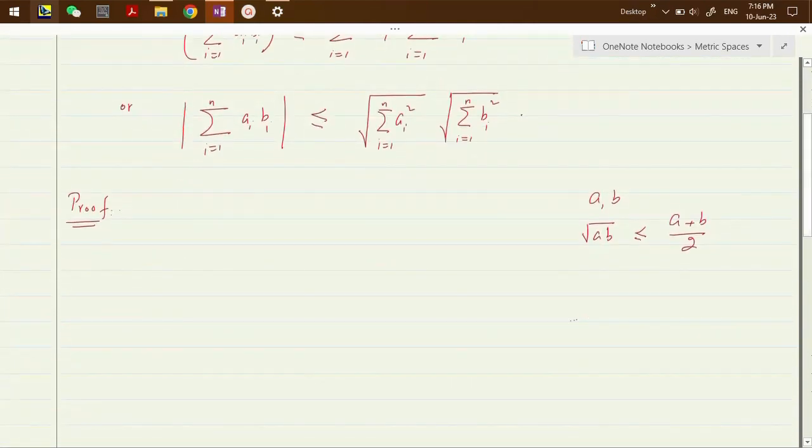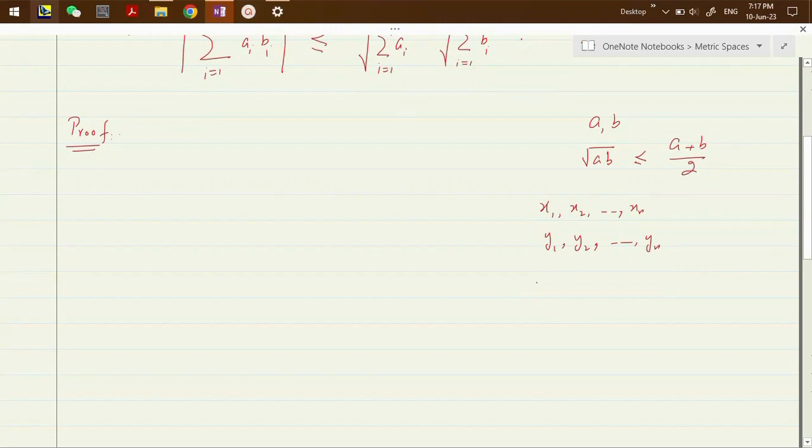So if we have non-negative real numbers x1, x2 up to xn and y1, y2 up to yn, then in the same way, root of x1 y1 is less than or equal to (x1 plus y1) over 2, and so on, up to root of xn yn less than or equal to (xn plus yn) divided by 2. So these are n number of inequalities.